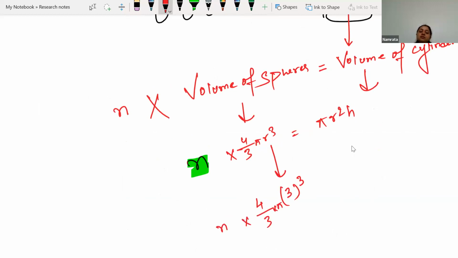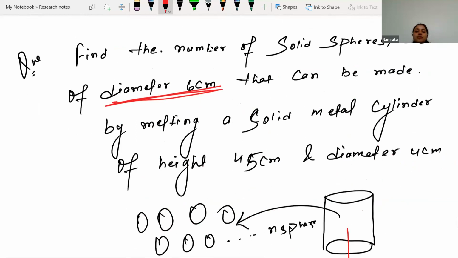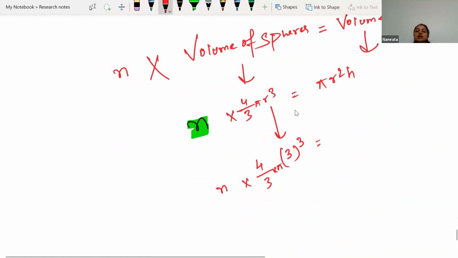And n times that is equal to the volume of the cylinder. Do we know everything about the cylinder, the height and the radius? Yes, we know the height of the cylinder, and yes, we know the diameter of the cylinder also. So yes, we know all the information over here.